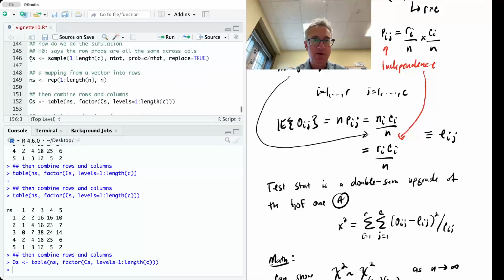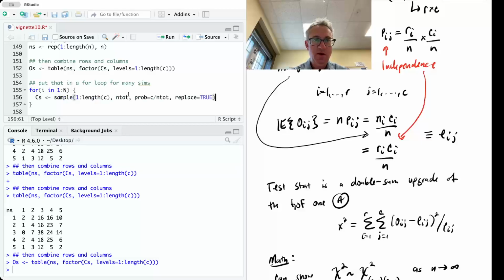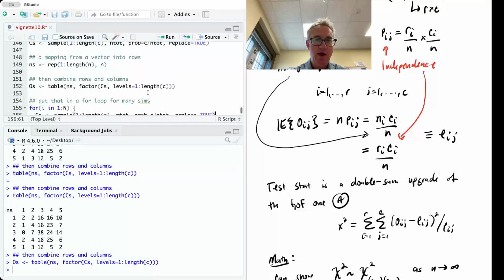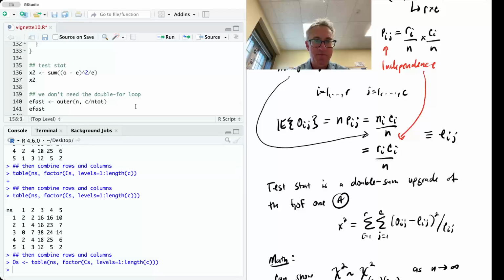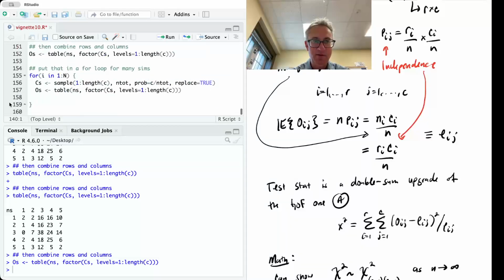So here, I'm going to grab this. This is sampling my columns. And then I'm going to grab this. This is giving me the observations. And then I'm going to grab this outer product, which I'm going to upgrade to use our n's, row sums of O's.